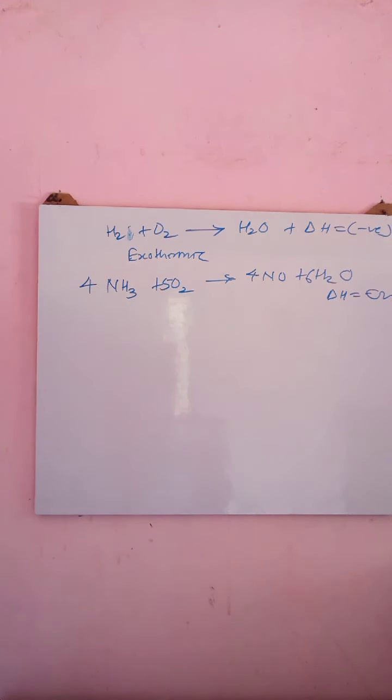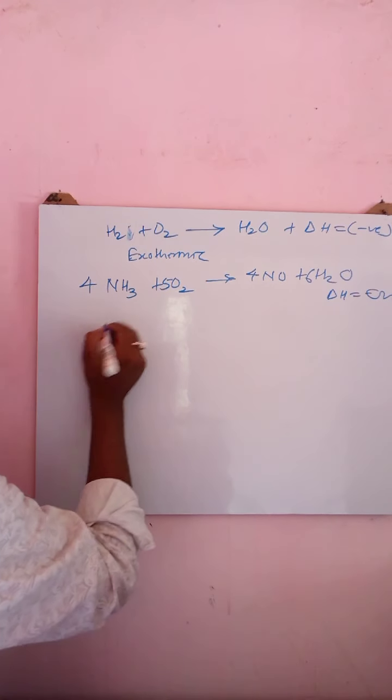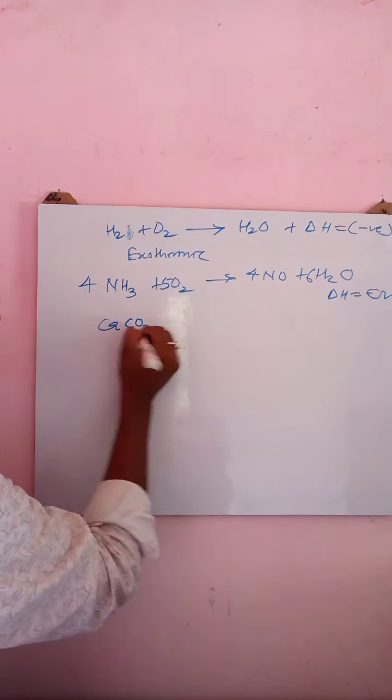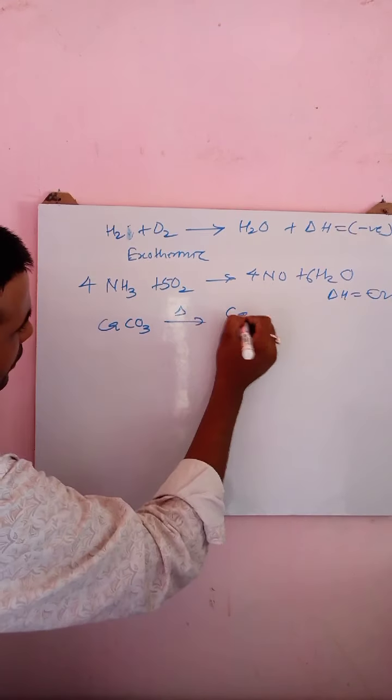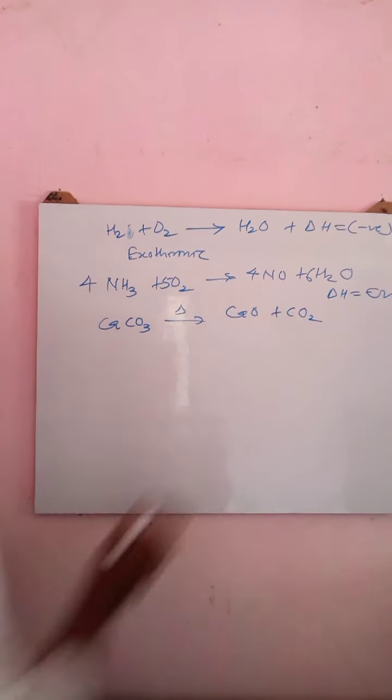Endothermic reaction is when energy taken in is greater than energy given out. For example, thermal decomposition. All kinds of thermal decomposition are a type of endothermic reaction. For example, calcium carbonate to form CaO plus CO2.